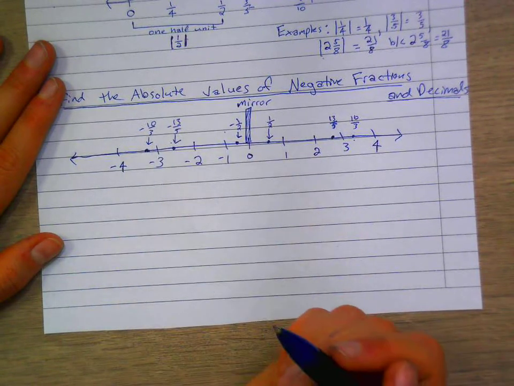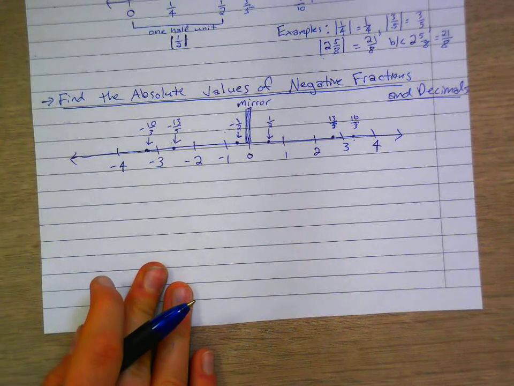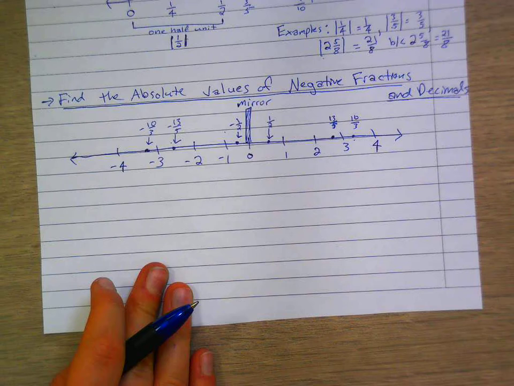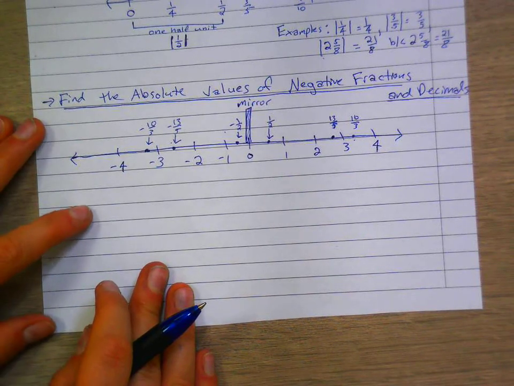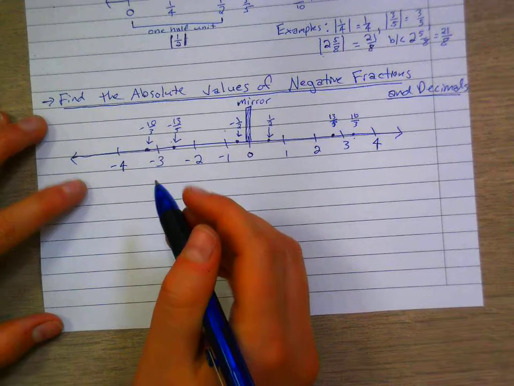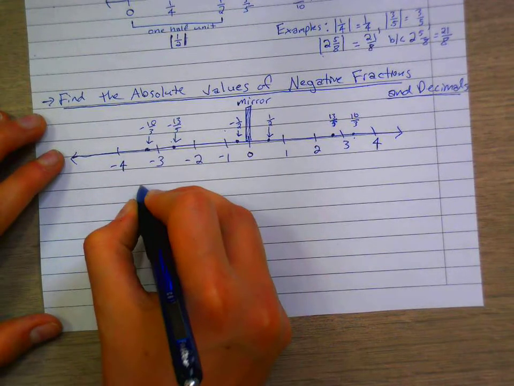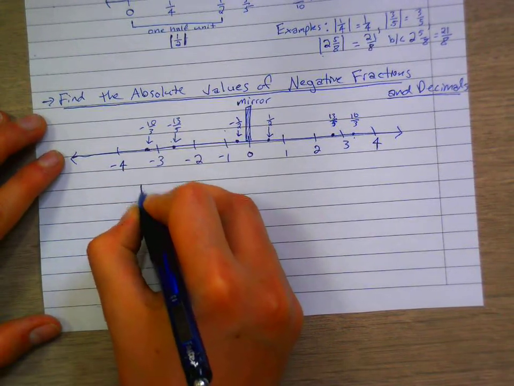The absolute value of a negative fraction is defined as the distance of the negative fraction from 0. You find the absolute value of the negative fractions as you do the negative integers. So if we are finding the absolute value of -10/3, these bars, remember, represent absolute value.